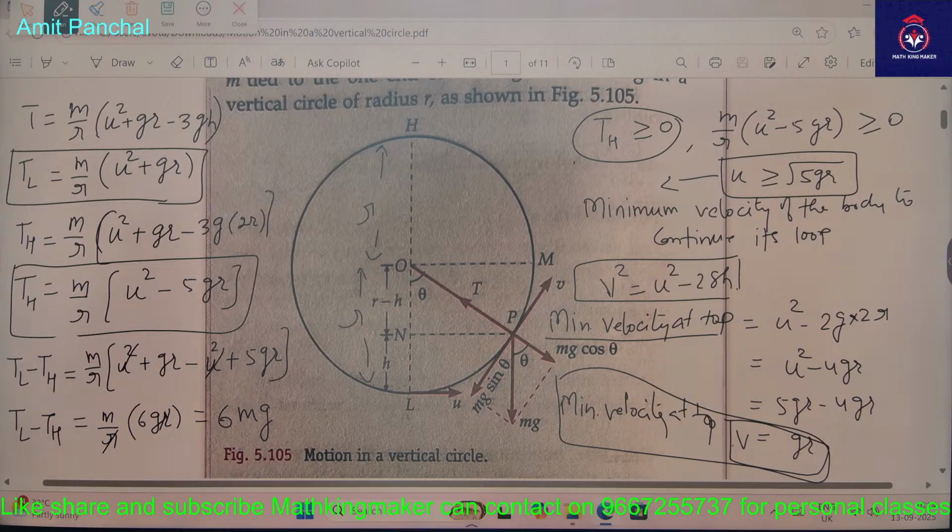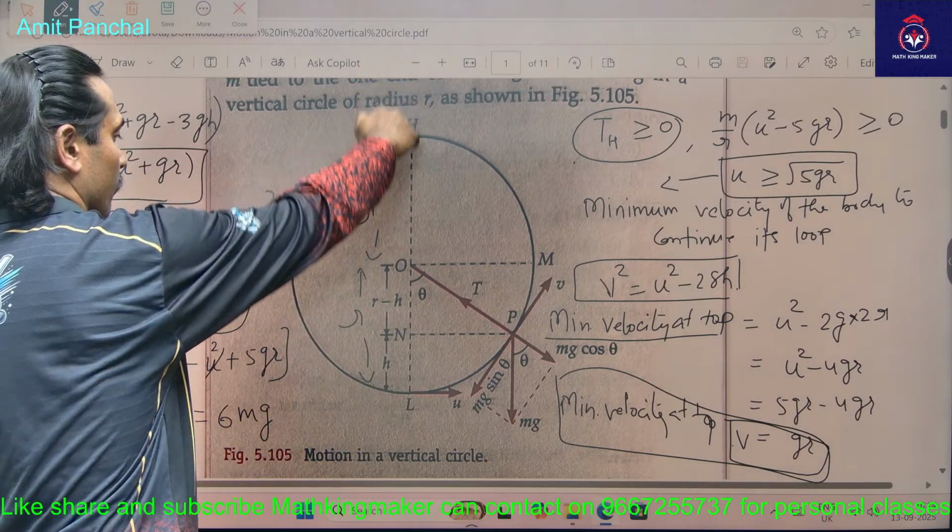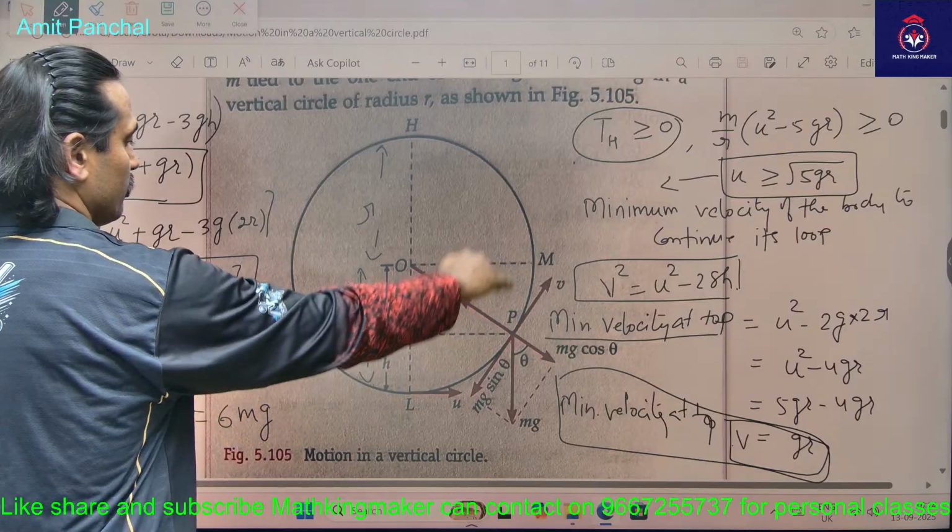Now what happens if u is less than square root of 5gr? It will fall, and it will stop when it comes down. The body will either oscillate about the lowest point L or will leave its circular path. So either it will fall down and oscillate.